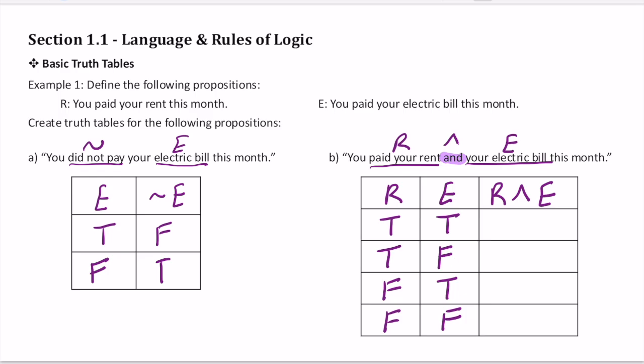Once we have all of the possible truth values for the individual statements, we can determine the possible truth values for the overall statement, you paid your rent and your electric bill. For an AND proposition to be true, both statements must be true. The rest of the combinations will be false.